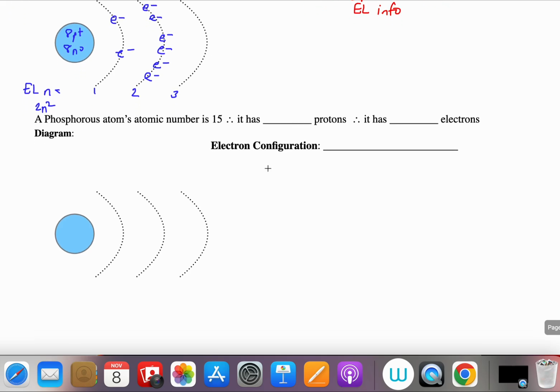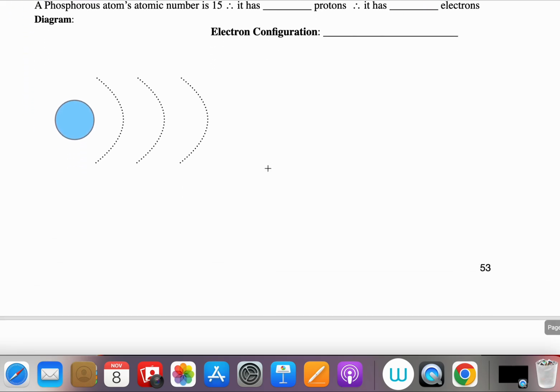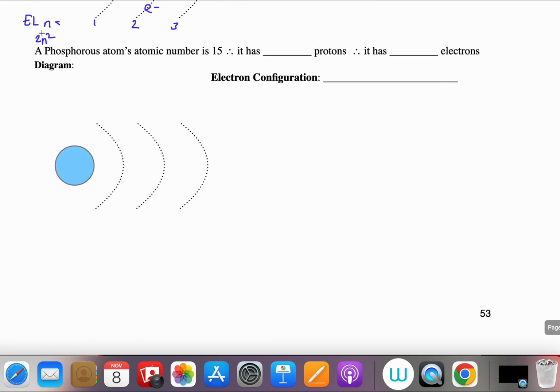Okay, so our next example is phosphorus. Phosphorus's atomic number is 15, therefore it has 15 protons, and because it is designated as an atom, it is neutral, so it also has 15 electrons.